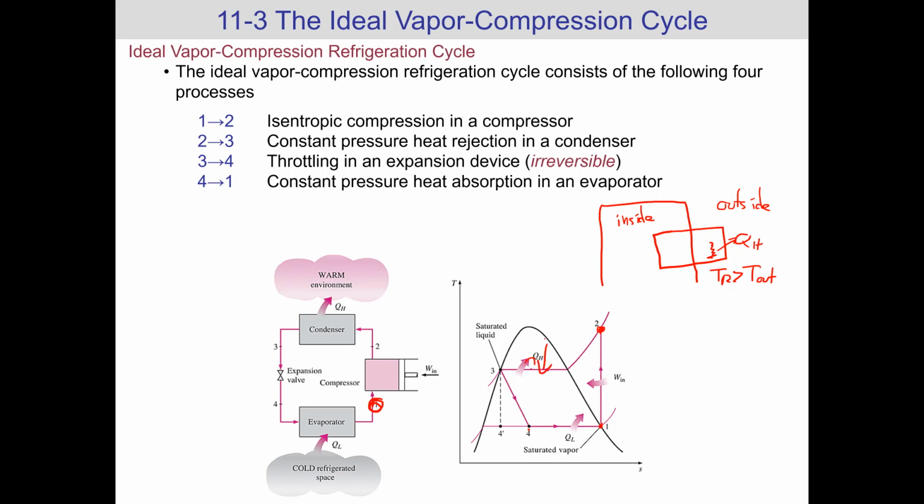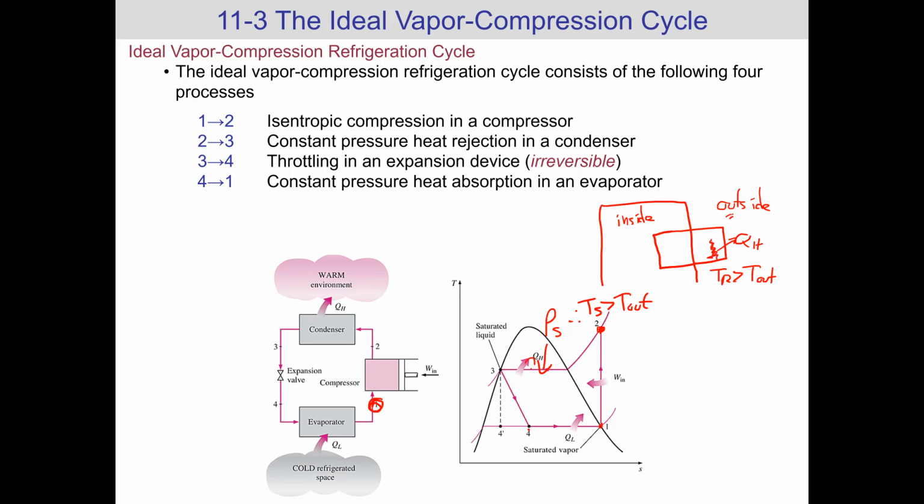And the operating pressure of the condenser has a saturation pressure that results in a saturation temperature that's greater than the outside air. So what's happening is that now the refrigerant that's a superheated steam is going through these condensation coils.